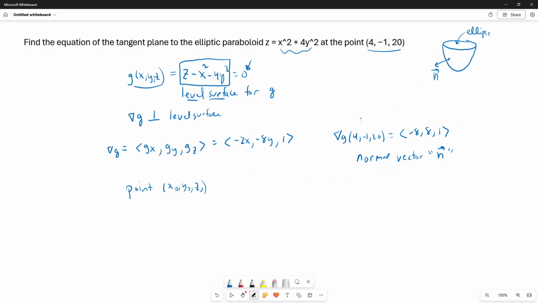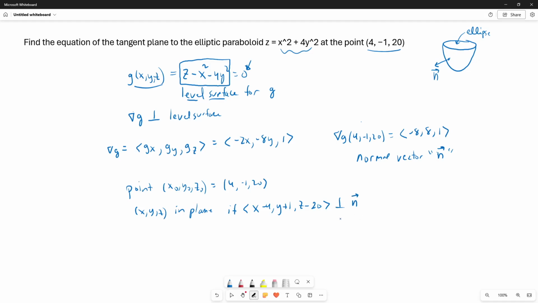Just to review a little bit, in finding the equation of a plane, in this case that's the point (4, -1, 20). And a point (x, y, z) is in the plane if the vector from this point to (x, y, z), that would be x minus 4, y minus negative 1, so y plus 1, and z minus 20, is perpendicular to n.